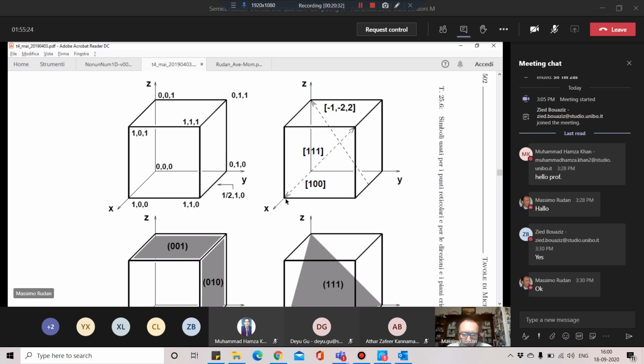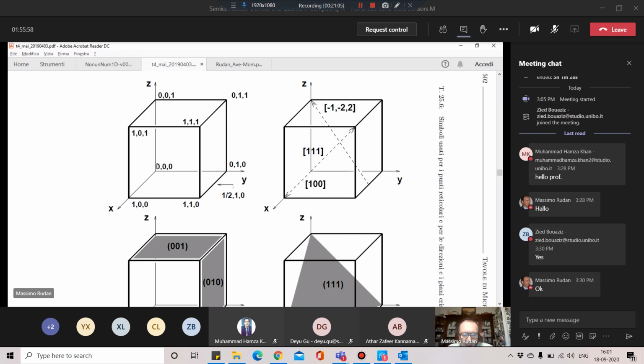So the rule is very simple. You again indicate a crystal direction with a triplet of integer numbers. And then you place these three numbers into square brackets, like you can see here. Okay, so how do you obtain these numbers? What you do is that you look at the first coordinate of the last point, so 1.